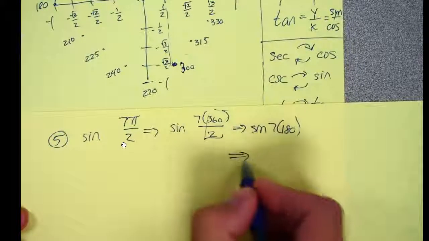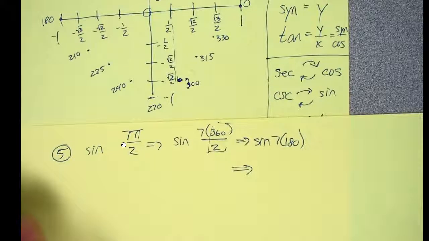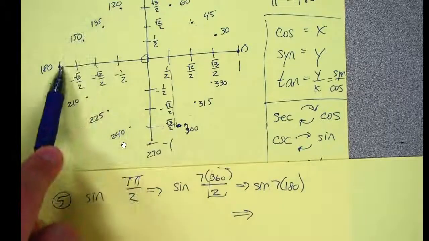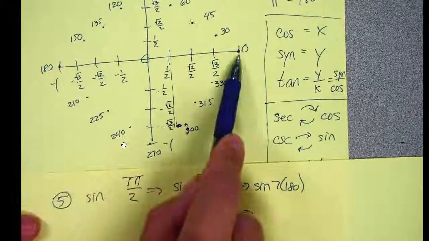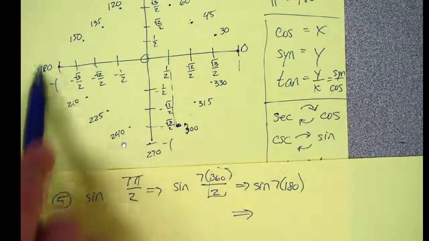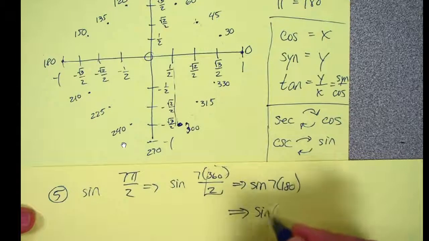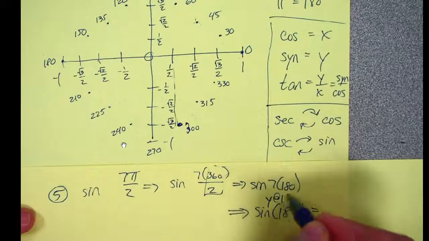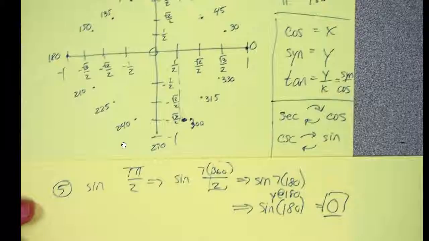Well, 180 is halfway around the circle, so we're going to go around the circle 7 times. If I go back to my circle, that's 180, that's 2 180s, that's 3 times, 4 times, 5 times, 6 times, and 7 times. So the sine of 7 times 180 is the exact same as the sine of 180. And that is just the y value at 180, which I think we've done already, is 0.